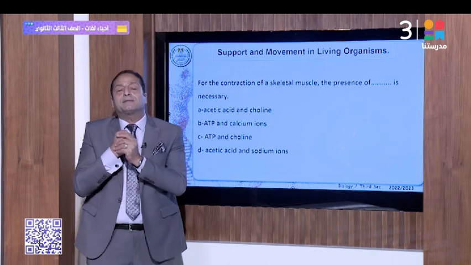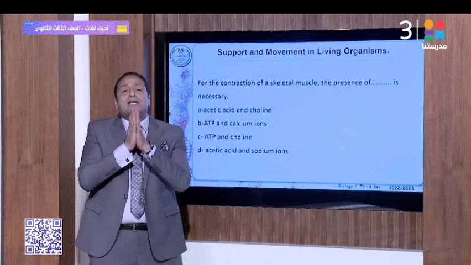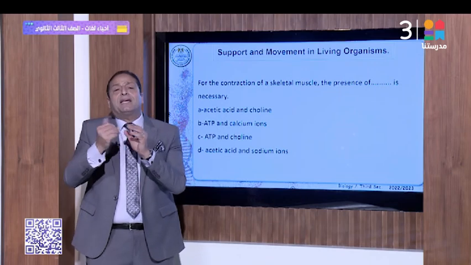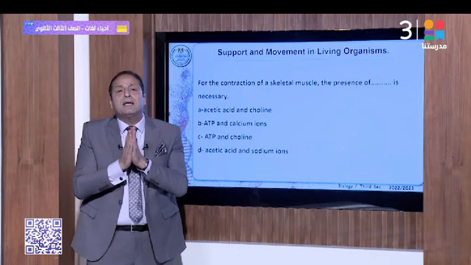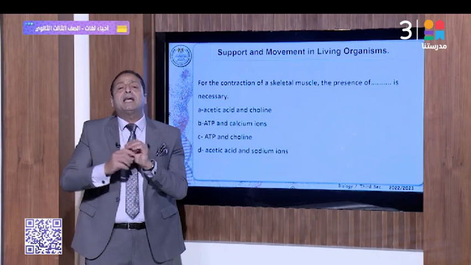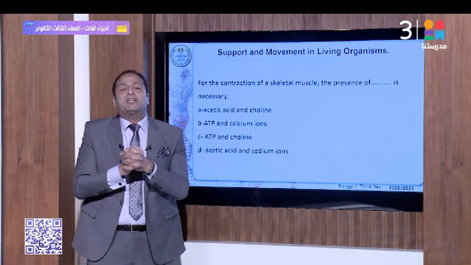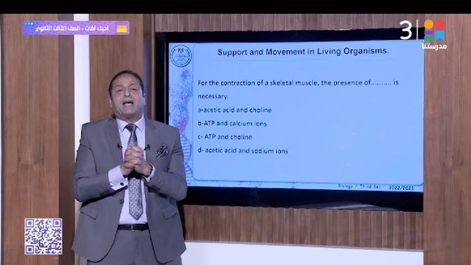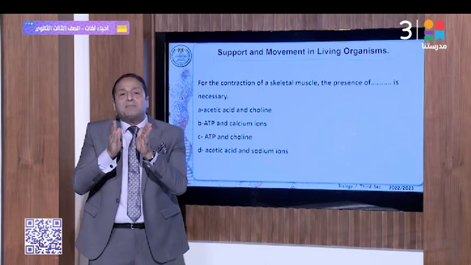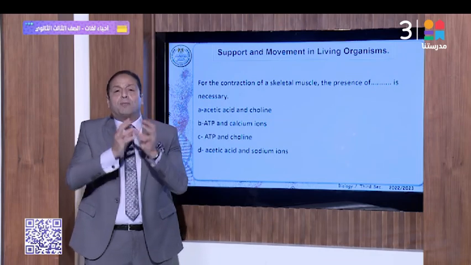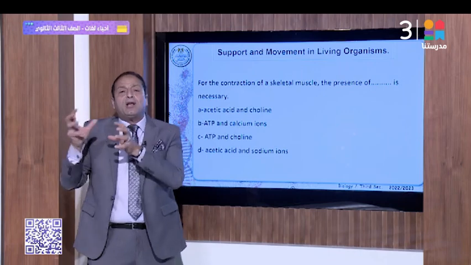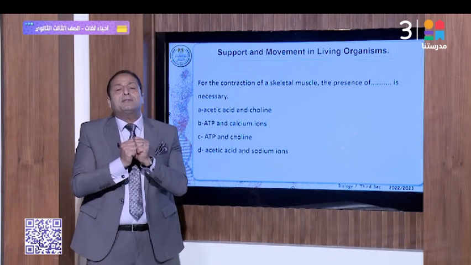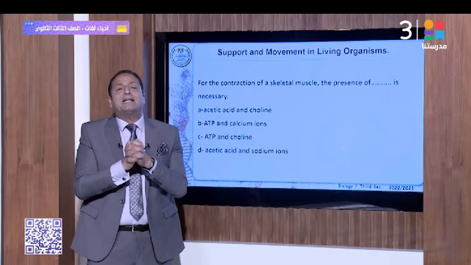So it contracts. As soon as the acetylcholine is released in the synaptic cleft, a specific type of enzyme found in the neuromuscular junction, called cholinesterase enzyme, plays an important role in breaking down acetylcholine into two main compounds: acetic acid and choline.